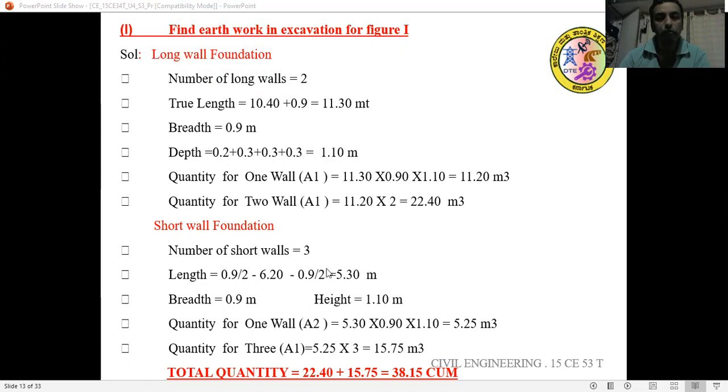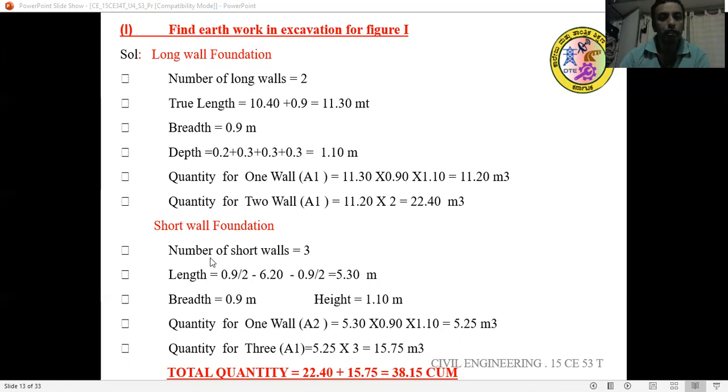You will get 5.3 meter. Then you already know the breadth is equal to 0.9 meter, height is equal to 1.1 meter. Then the quantity of one wall is found by using the formula L into B into D. L is equal to 5.3, B and D are similar to the above. Then you will get the quantity of one short wall.